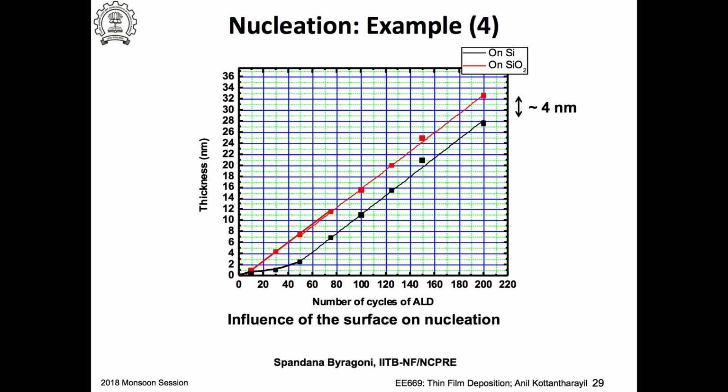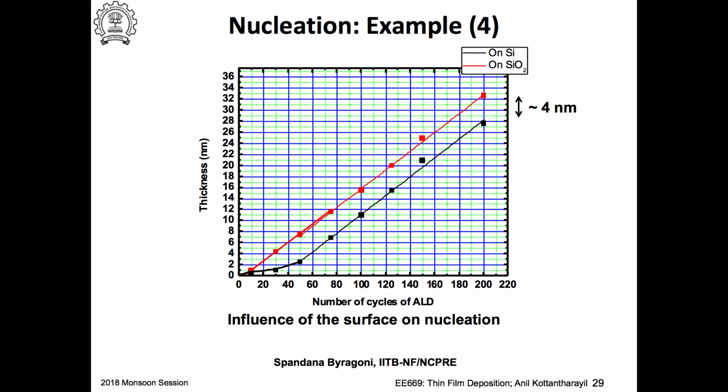So this is ALD deposition of zinc oxide on silicon surface. The red curve is for deposition on silicon dioxide. So you have grown a silicon dioxide on top of silicon. It looks nearly linear, right?